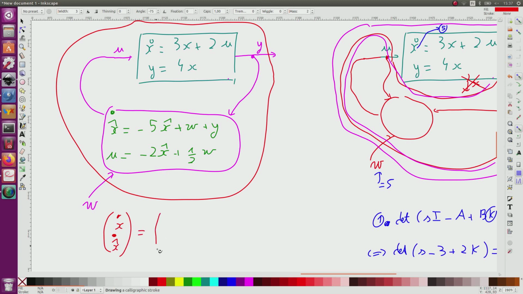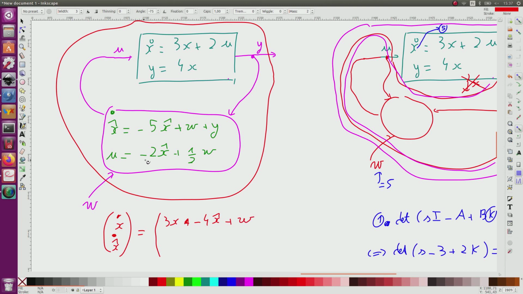So I will obtain here for x dot, 3x plus 2u, but u is this, so here I will have minus 4 x hat plus w.